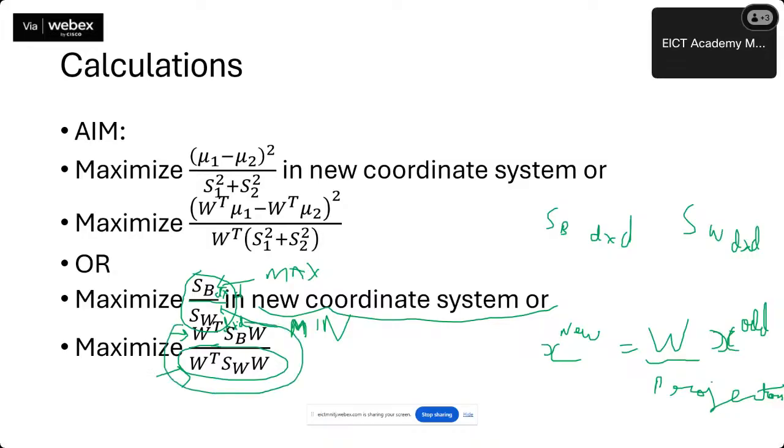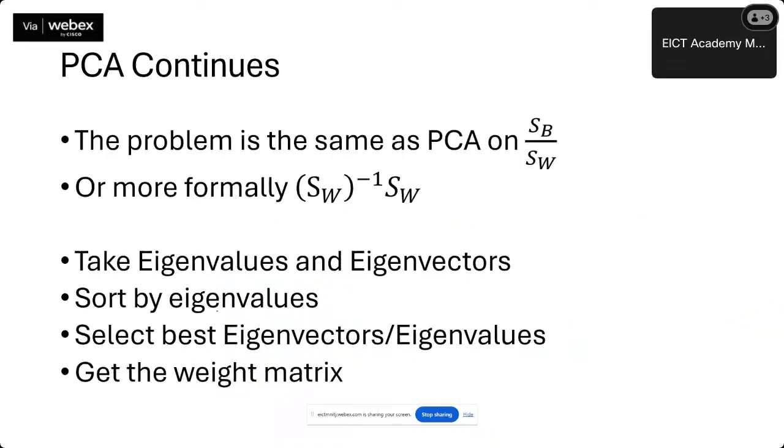This is the standard thing that I have, and all that I'll do is pass this as the objective of the PCA. So basically, I'll calculate this matrix, and this is the matrix that I'll give to my PCA. A normal PCA only considers the scatter. This PCA will consider S_B divided by S_W. The problem is S_B divided by S_W is not a real number.